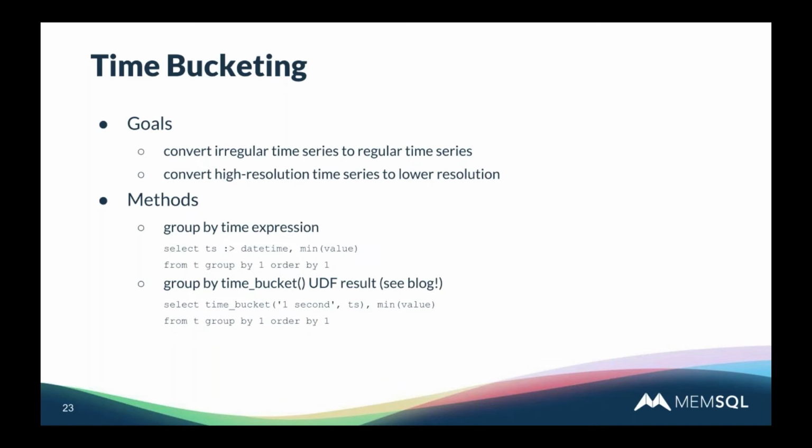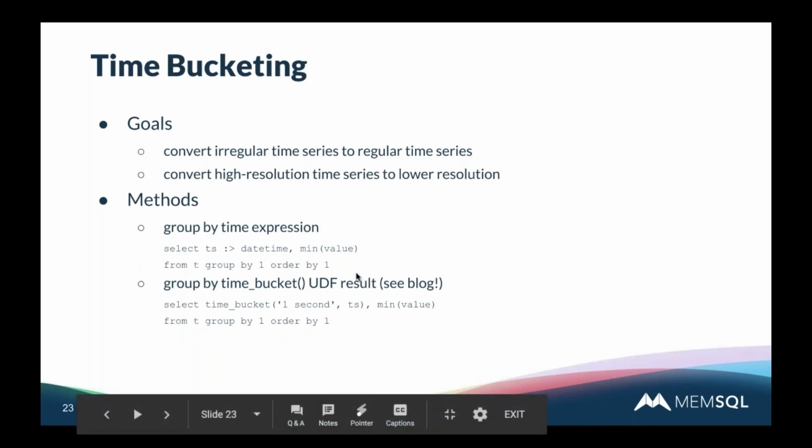You could do this with an expression in the query, but just as a simplification, I've written this time bucket user-defined function, and there's a blog post that'll be coming out today. Please see my blog that has the full text of this time bucket function. In this example, it does something similar to the one above, but it's maybe a little easier to read because this time bucket function is kind of self-explanatory.